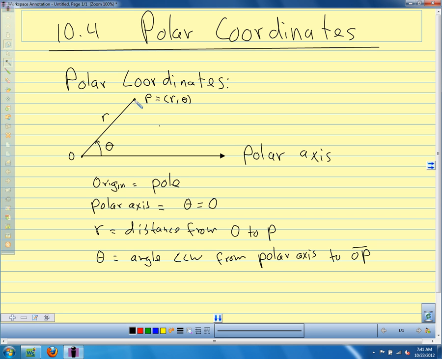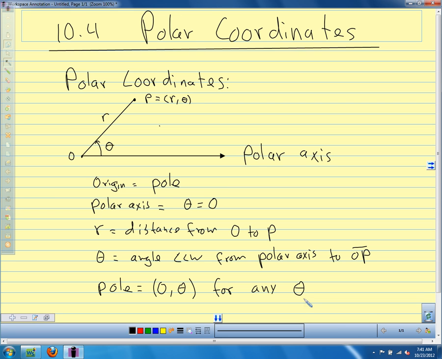And the pole is (0, theta) for any theta. So if our radius is 0 for any angle, we're at the pole. So again, mostly review stuff that we've all seen before.